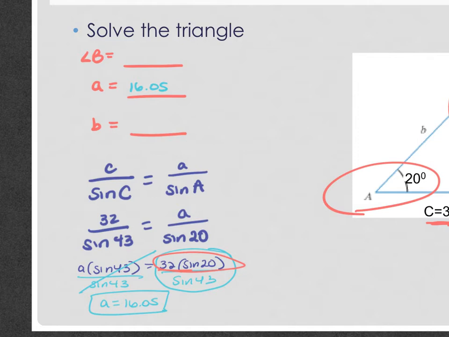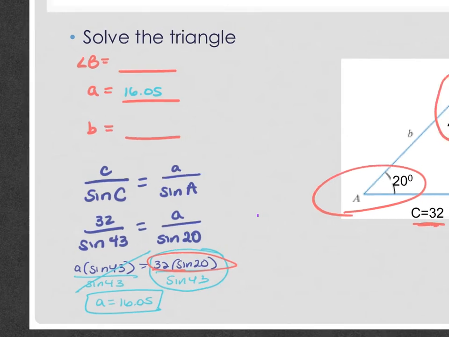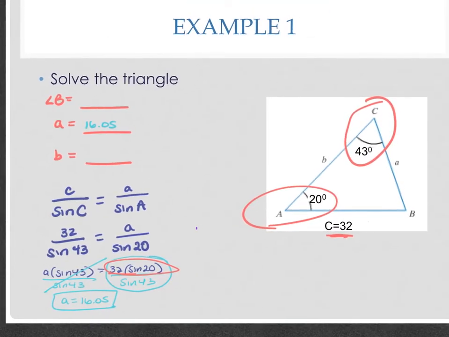Okay, I'm missing angle B. How can I find it? Just replacing the a over sine of A with b over sine of B. Okay, so the only catch there is I'm missing both side b and angle B, right? So how? We find angle B first by just doing 43 plus 20 and then subtracting from 180. Exactly.